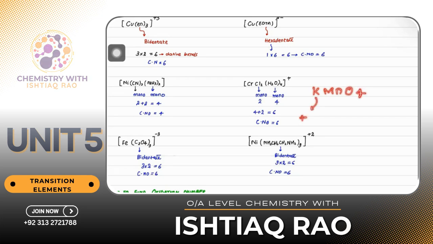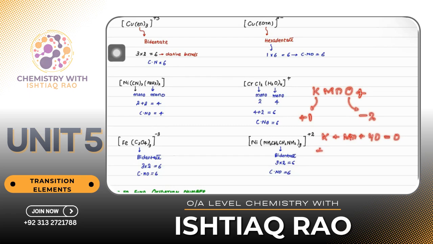Since we know K is +1, it's in group 1, and oxygen is always -2, if I put the values for K and oxygen, I would get the oxidation number for manganese. So K plus Mn plus 4 oxygen is equal to 0.